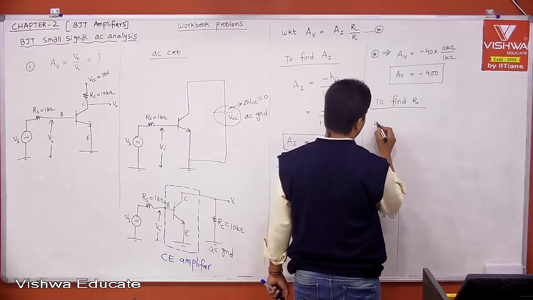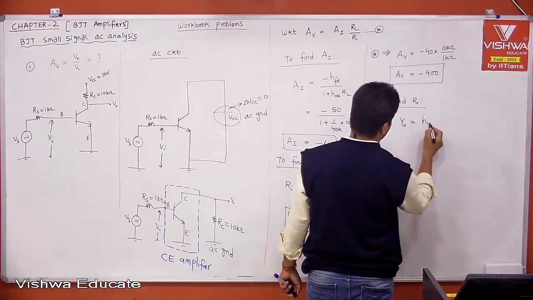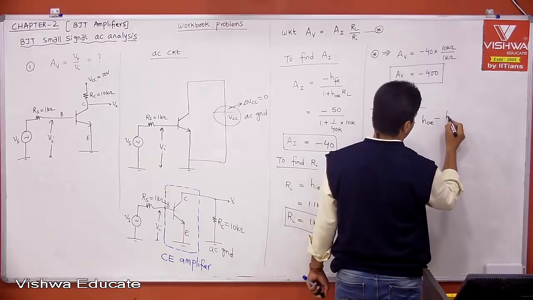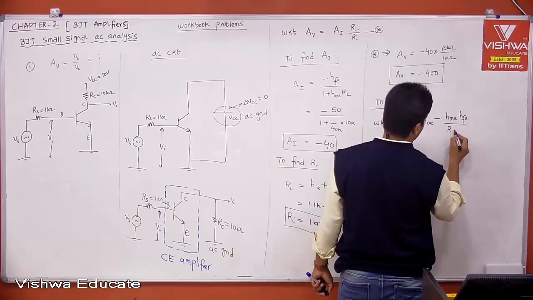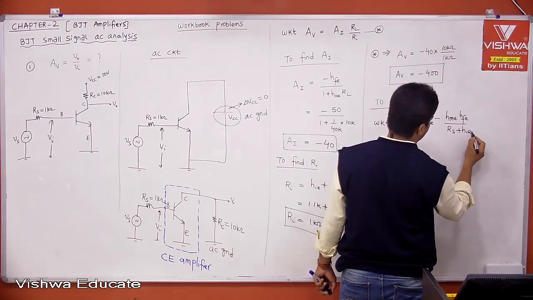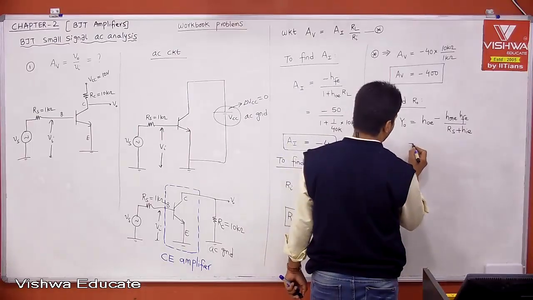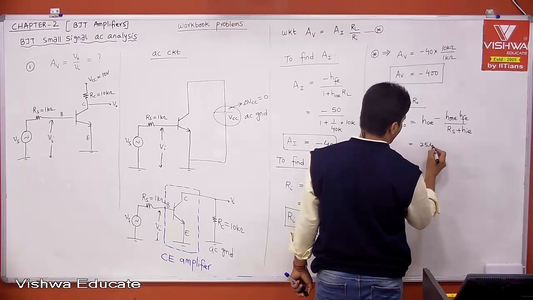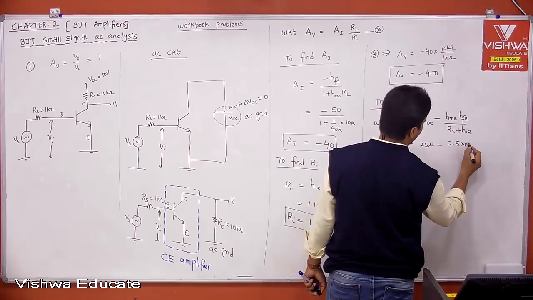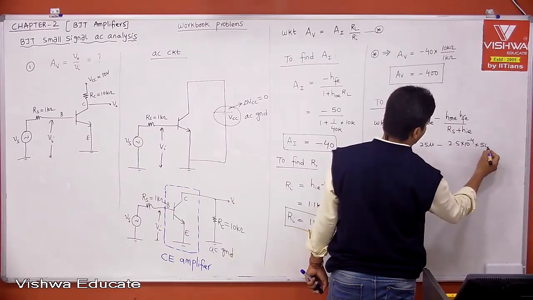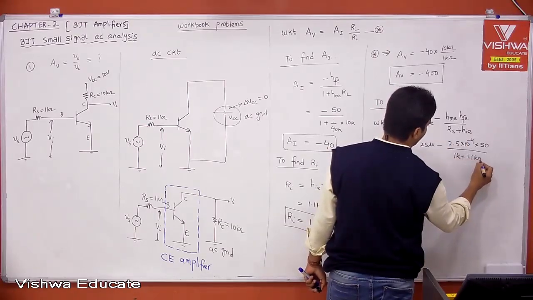What is R0? We know that Y0 is equal to HOE minus HRE into HFE divided by RS plus HIE. Now what is HOE? HOE is 25 microampere per volt, minus HRE 2.5 into 10 to the power of minus 4, HFE 50, divided by RS 1 kilo ohm plus HIE 1.1 kilo ohm.